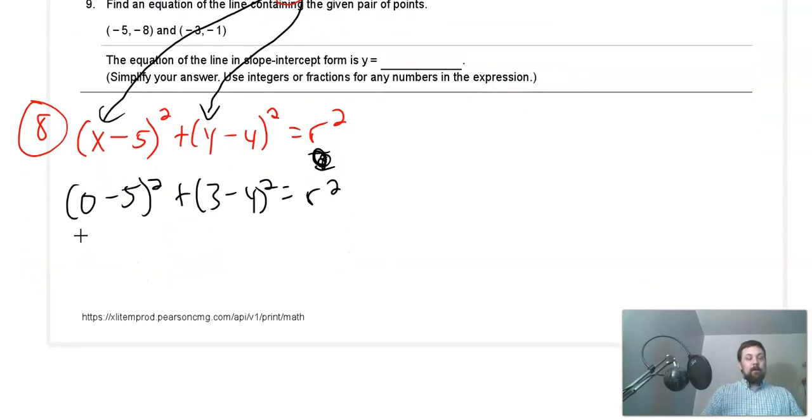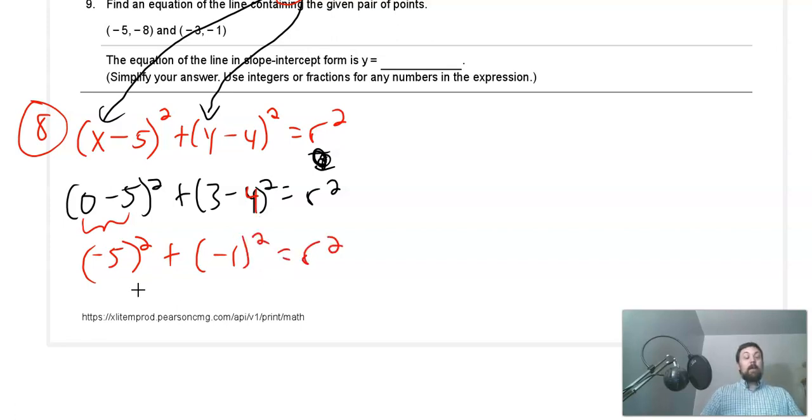We will have, this becomes -5 squared plus, sorry, that looks like a y, but that's a 4. This is going to become -1 squared. Make sure you square these numbers first and add them together first before you do the square root. All right, so this is going to become 25 plus 1.